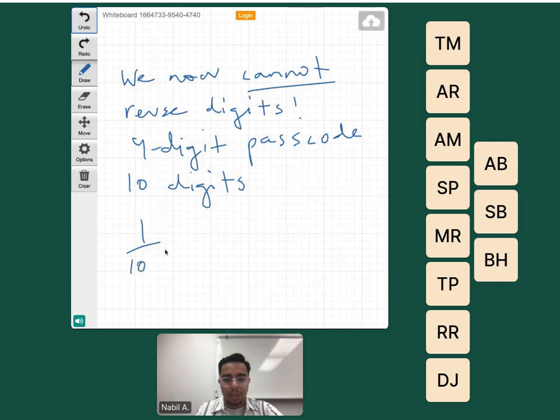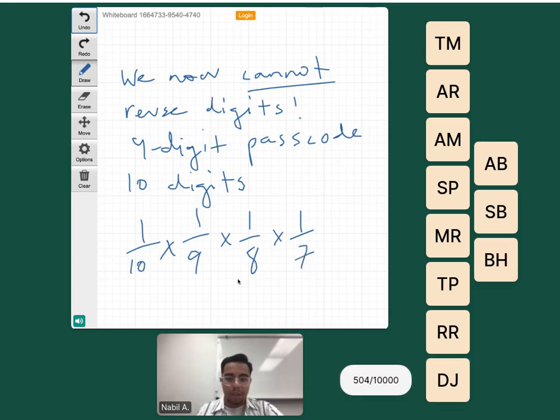So yeah, it'll be 1 over 10. So we have a total of 10 now, but since we can't reuse it, that goes down to 1 over 9 times 1 over 8. Essentially 10 factorial, but it ends where we want to end off at, so like, to the fourth digit here. So yeah, awesome job. This will be the correct answer.